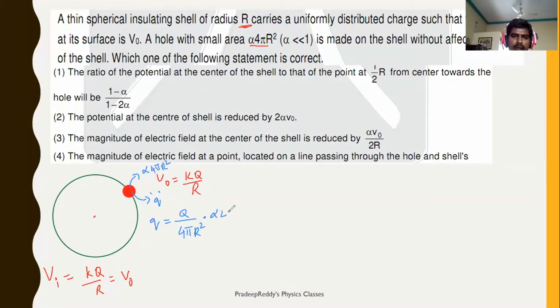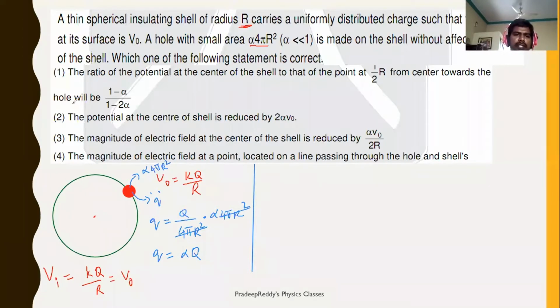It is alpha 4 pi R square. 4 pi R square gets cancelled. So q will be equal to alpha into capital Q. That is what we have got: the charge on the removed portion is alpha into Q.